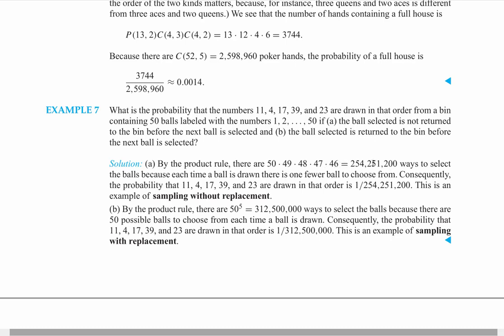Just by the product rule, it's this many, 254 million ways for 5 balls to come out.